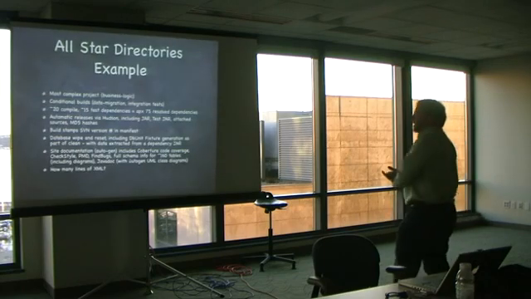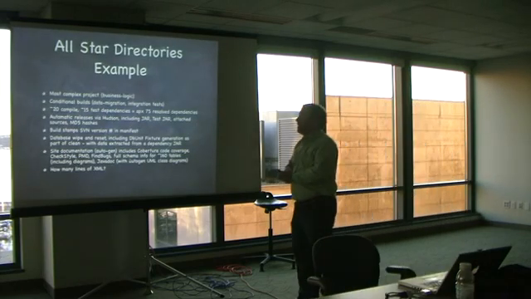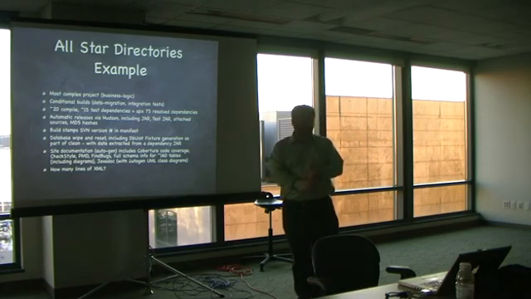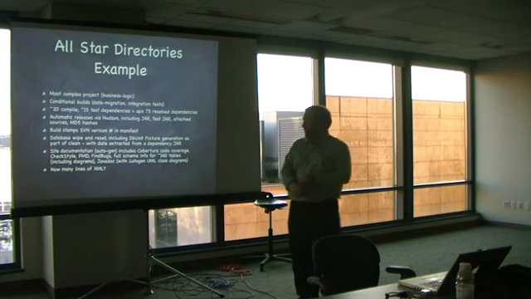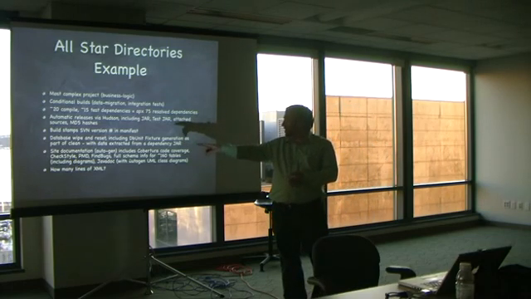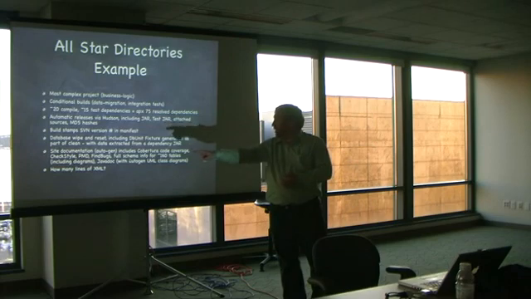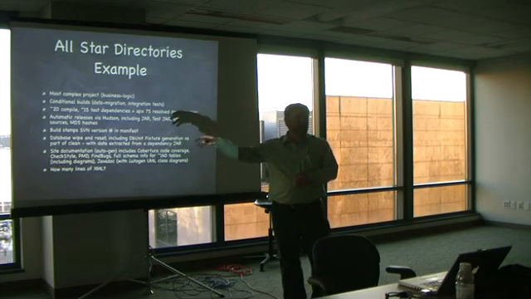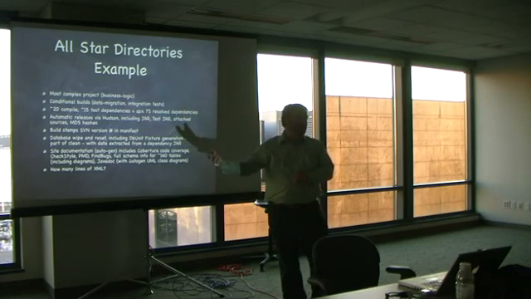Okay, so All Star Directories. I took our most complicated project, which is our business logic, several conditional builds that we do, one if we're running on top of the exported data, migration tests, a whole bunch of dependencies, all these releases. We release the jar file. We also publish the test classes jar file because we have a couple of other projects that want to use some of our test base framework that we put together.